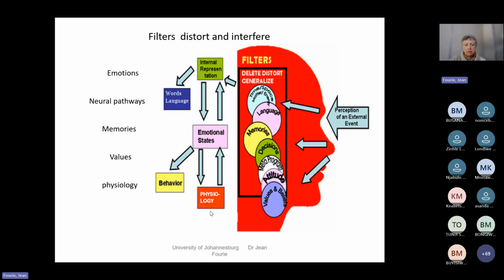So our physiology, our physiological state at the time when we are doing this particular learning, receiving information, will also have an impact on whether information is forgotten or filtered. If we're hungry, or we are in a heightened state of anxiety, or we're feeling depressed, all those physiological feelings, what is happening to our bodies, will also filter and distort and interfere with information.